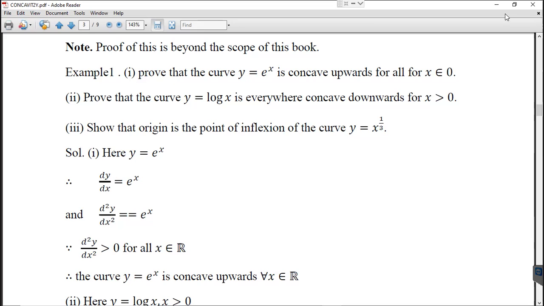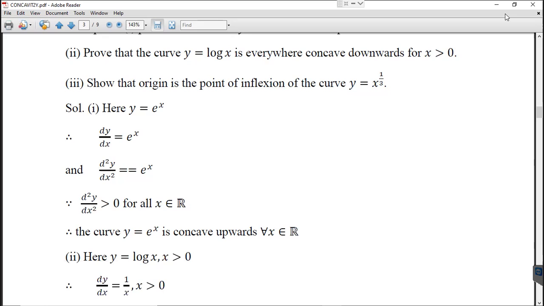The working method to find whether it is concave upwards or concave downwards is that you have to find the second order derivative of the function with respect to x. And we know that the second order derivative of the exponential function is again e raised power x. If we put any x belongs to R, the second order derivative is always greater than 0, because the exponential function is always greater than 0 for every real number.